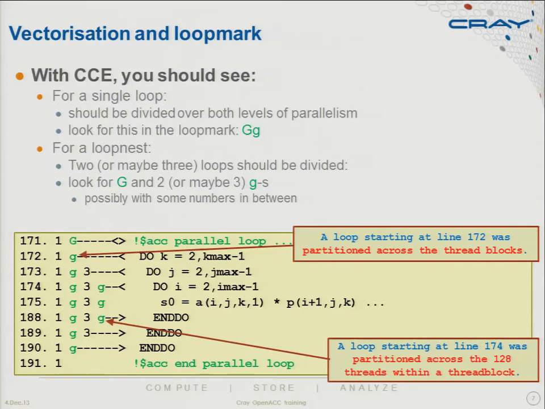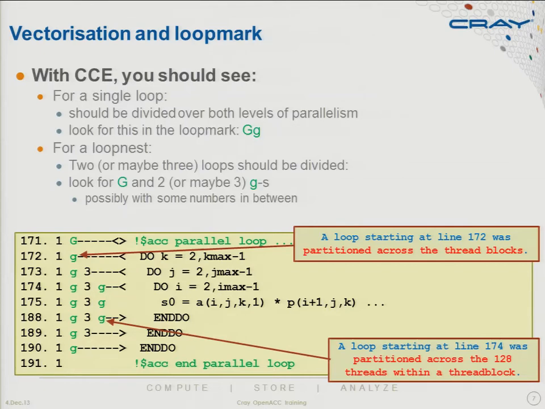So in that example, we saw 1 g here, 1 g here, and there were messages for the 2 levels of parallelism. In some cases, you might see 3 little g's because it's using the worker level as well. But if you only see 1 little g and you haven't got a single depth loop nest, you've got a problem. If you've got a single depth loop nest, you'll see 1 little g, and these 2 messages should be all together, that it's partitioning it over both levels. If it's not using both levels, you've got a problem.